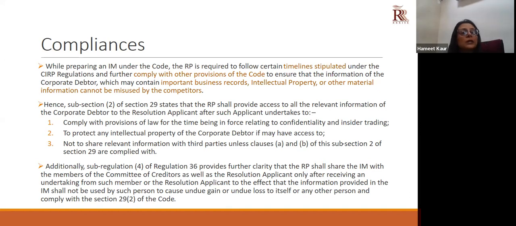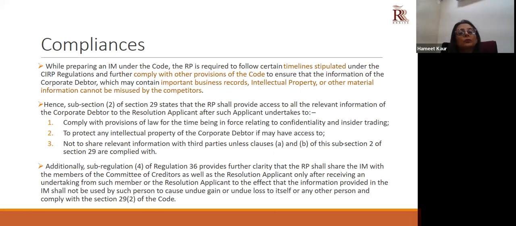For issue of the IM, while preparing the IM, the RP is required to follow certain timelines stipulated in the CIRP regulations and further comply with other provisions of the code to ensure that the information of the CD, which may contain important business records, intellectual property, or other material information, cannot be misused by the competitors.